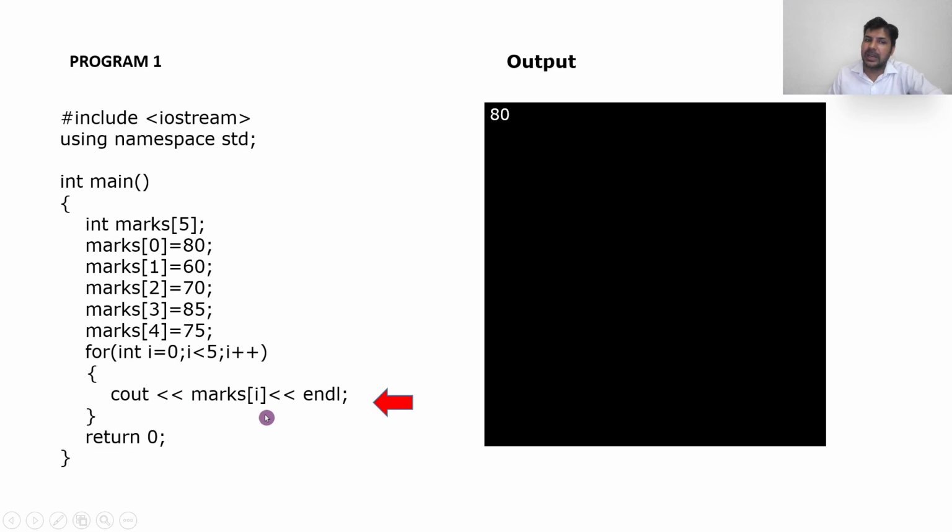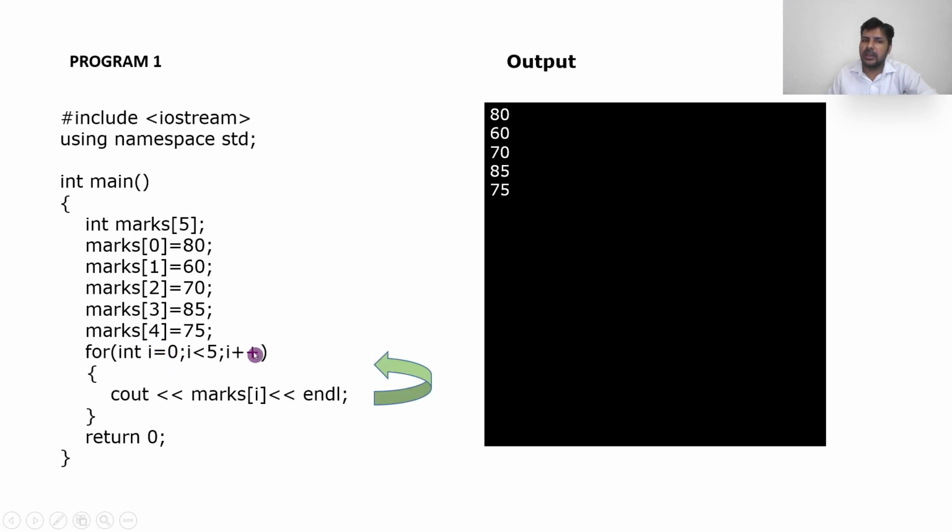So marks[0], which is 80. Next, i increases to 1 and it prints marks[1], which is 60. Next, i increases to 2 and it prints marks[2], which is 70. It will repeat 5 times, until it has reached 4.